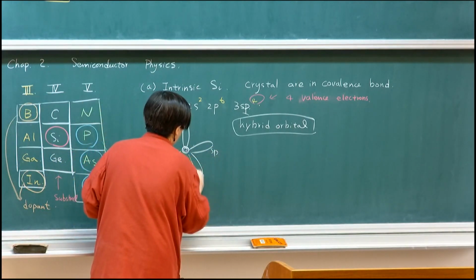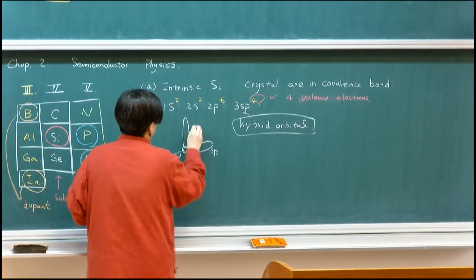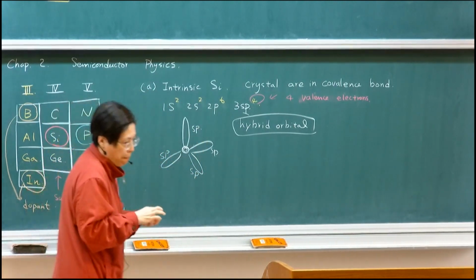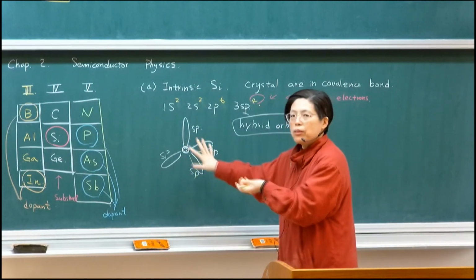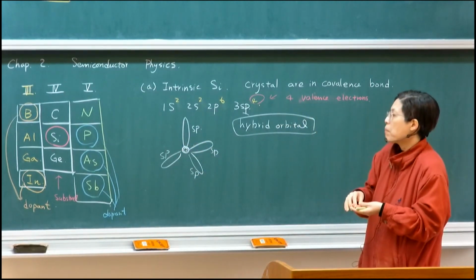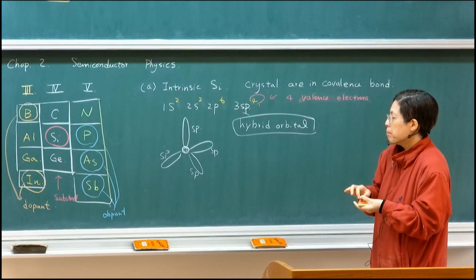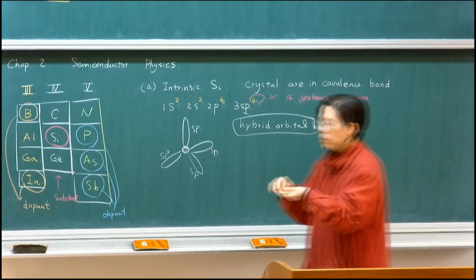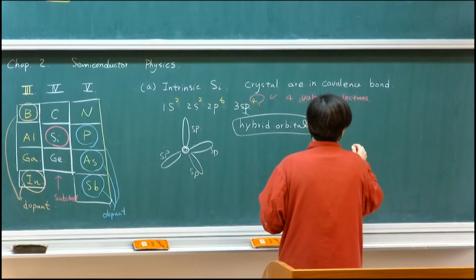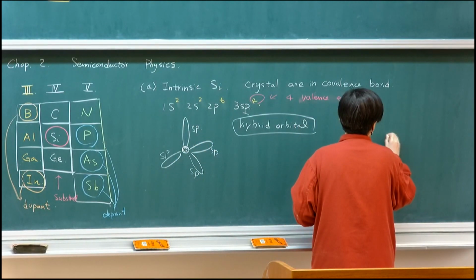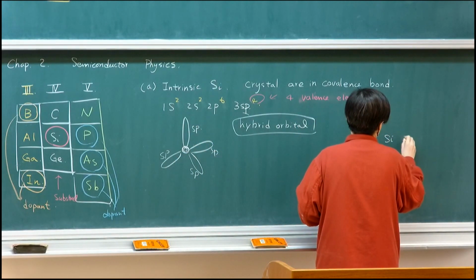So there are 4 sp orbitals. Okay? It's very hard to construct a structure in 3D, so I'm just simply going to use a 2D illustration. What happens is that I would have my silicon crystal look something like this.